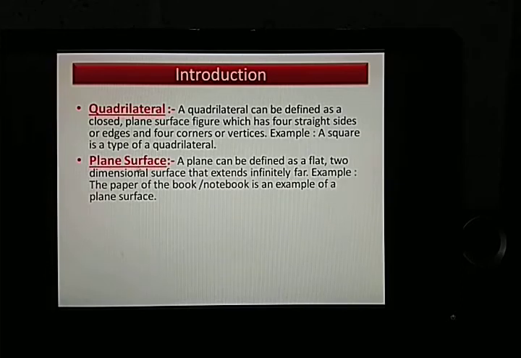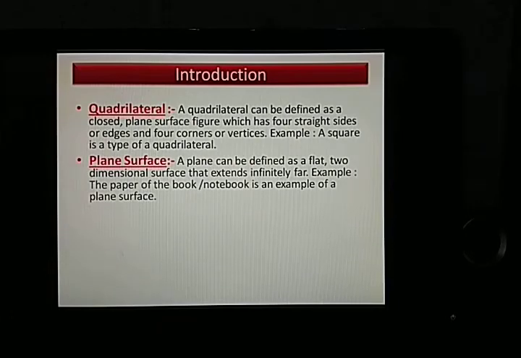So a plane surface is a 2-dimensional surface, and that can extend infinitely. It can extend in all directions infinitely. It has no limit, no boundaries. For example, I have given here a paper of the book. Although the paper of the book or the notebook is limited, you can say it has a boundary.